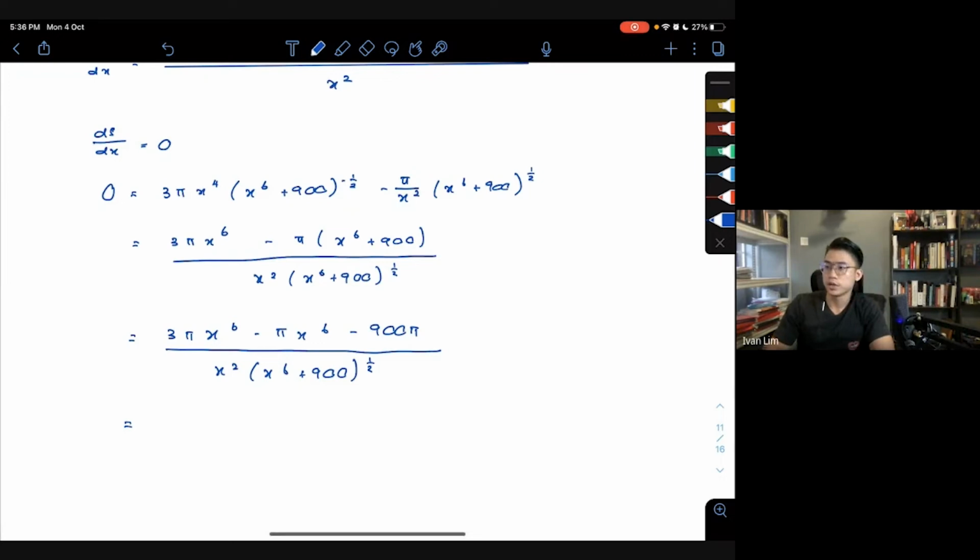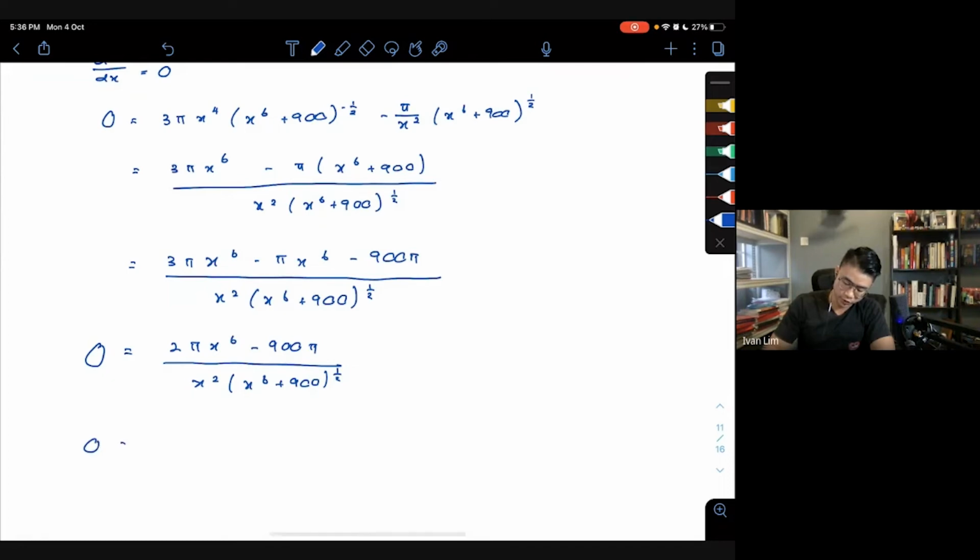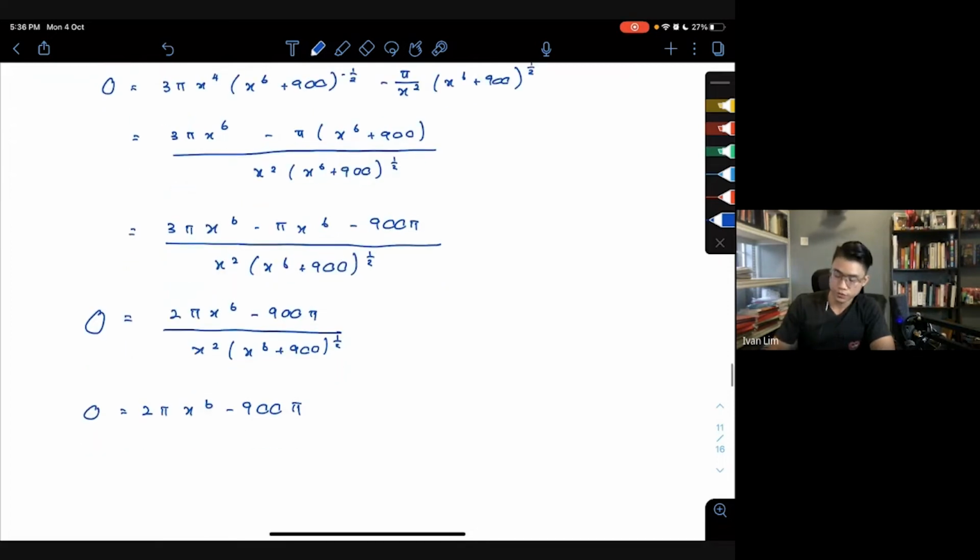Okay, you will get 2 pi x to the power of 6 minus 900 pi over x squared times x to the power 6 plus 900 to the power of 1 over 2. Okay, we only want to solve for the top one. So that means 0 equals 2 pi x to the power 6 minus 900 pi, which will give you, we want to solve for x.